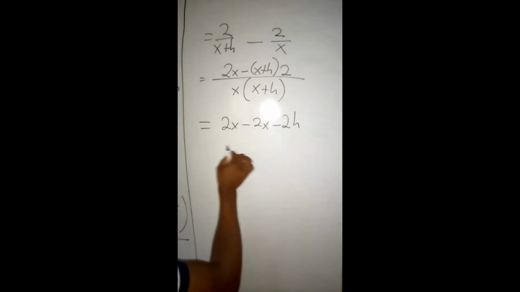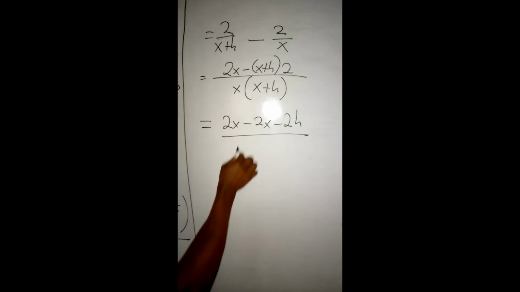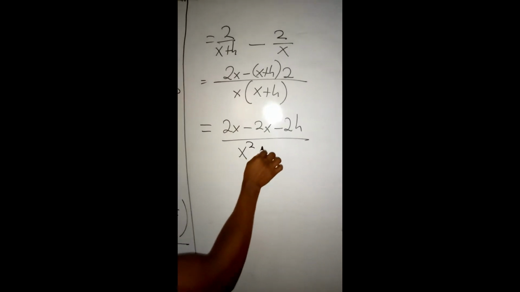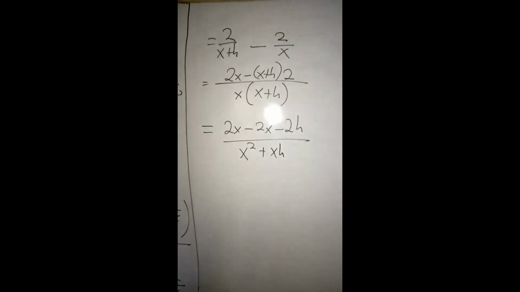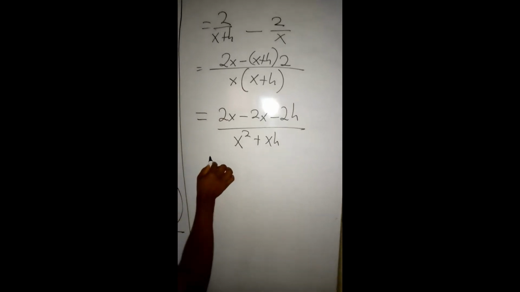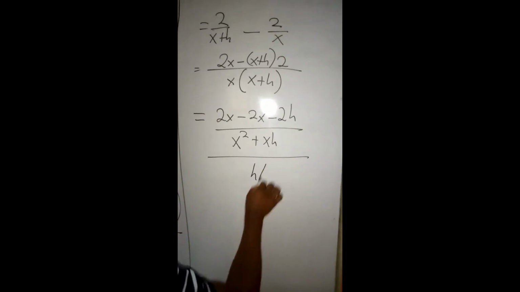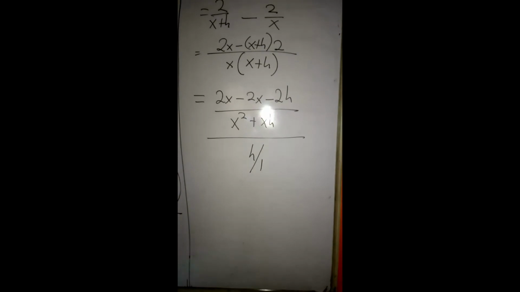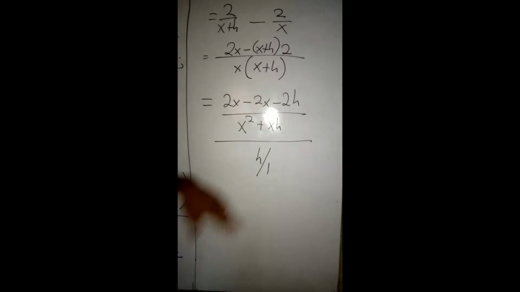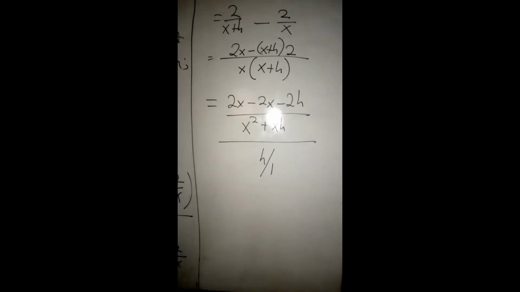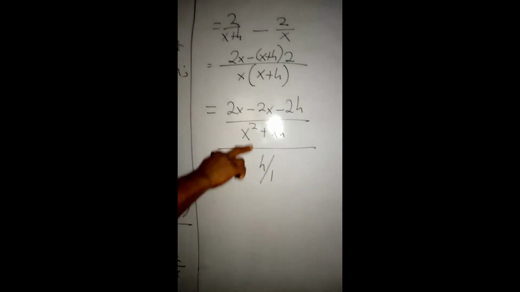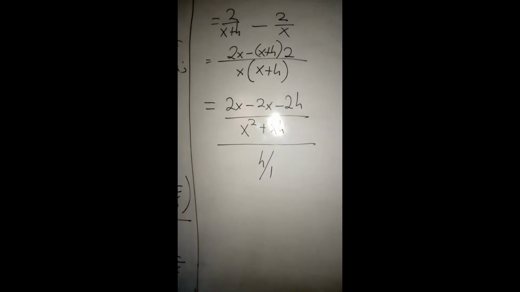If you also expand the bottom, it's going to give you x squared plus xh. Don't forget it's all over h over 1. So you discovered our gradient function is 2x minus 2x minus 2h all over x squared plus xh, all over h over 1. We are making serious progress.